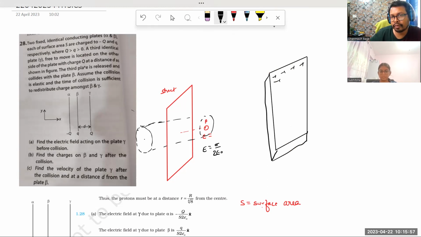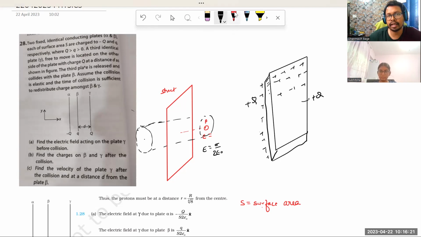If charge is uniformly distributed on this side, the other side is also uniformly distributed, right? Same charge. If there is plus Q charge over here, plus Q charge will be here also. That is the thing. Because if this is a conducting plate, then the charge should be uniformly distributed throughout, right? That's what happens. There is a small thickness here.